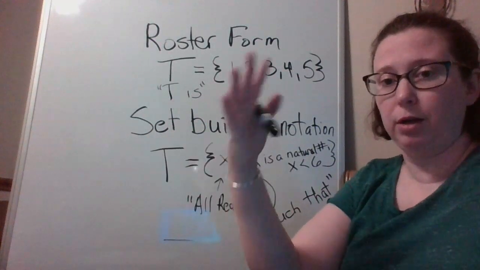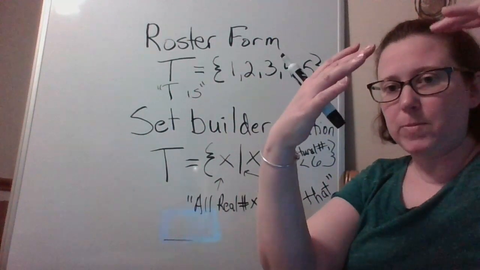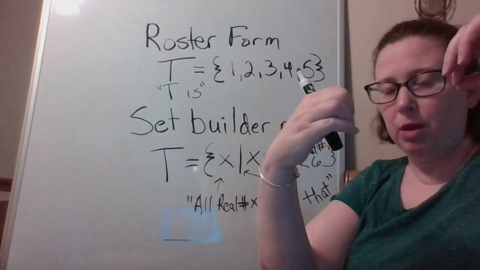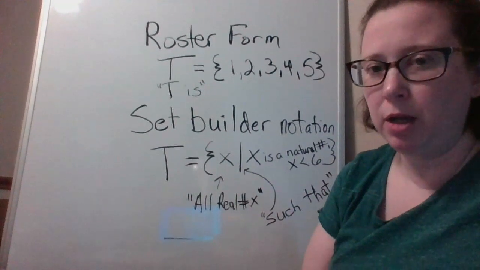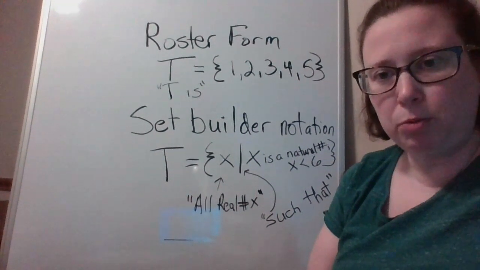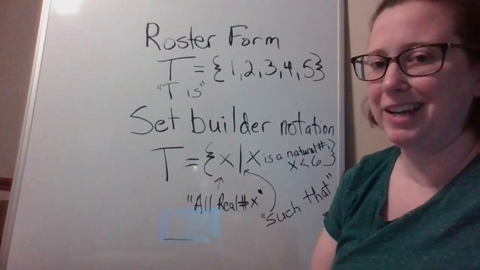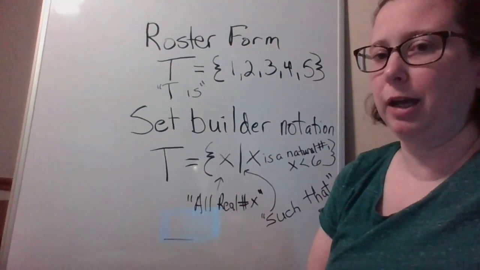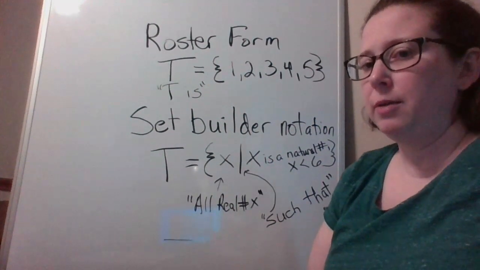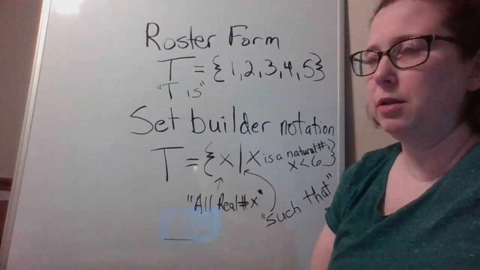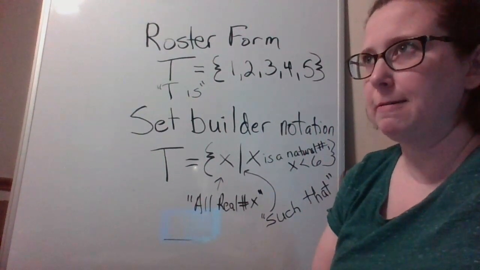Pi is a real number that is not a rational number. Rational numbers are anything that can be written as a fraction. So even your repeating decimals and your terminating decimals can all be written as a fraction. So they are rational. But anything outside of that is just a real number.